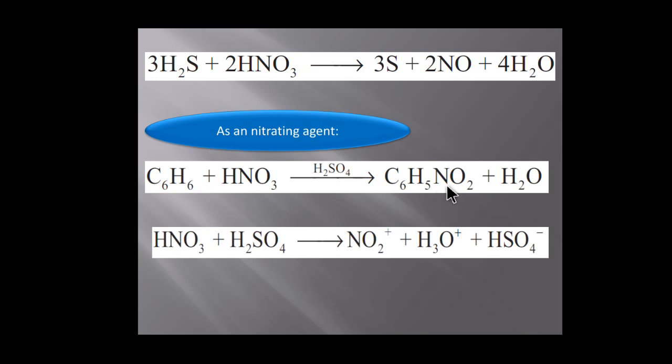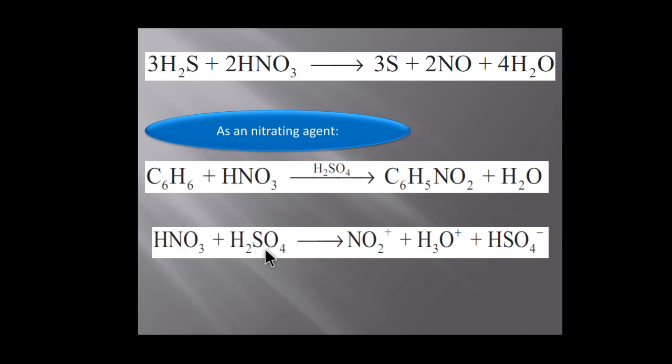Is it clear? Nitrobenzene is a product of nitration. Benzene reacts with nitric acid. Benzene is nitrated, so it will give the product nitrobenzene.